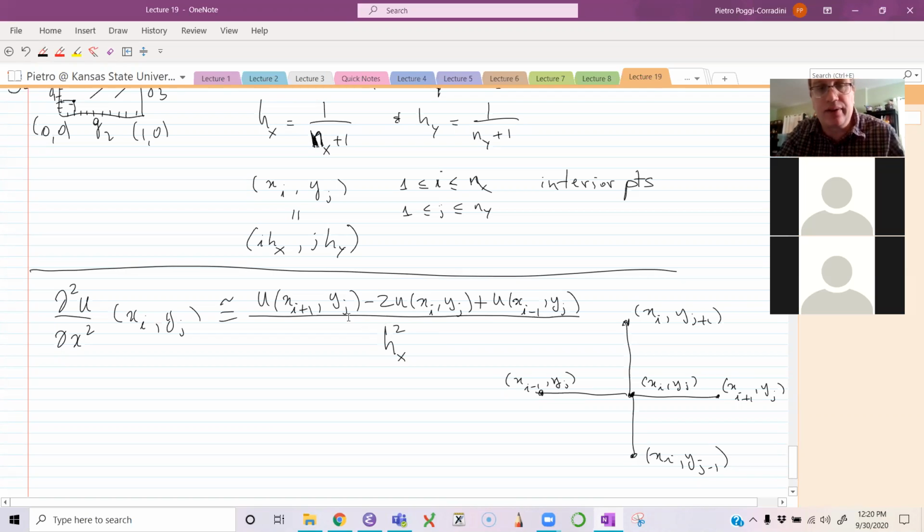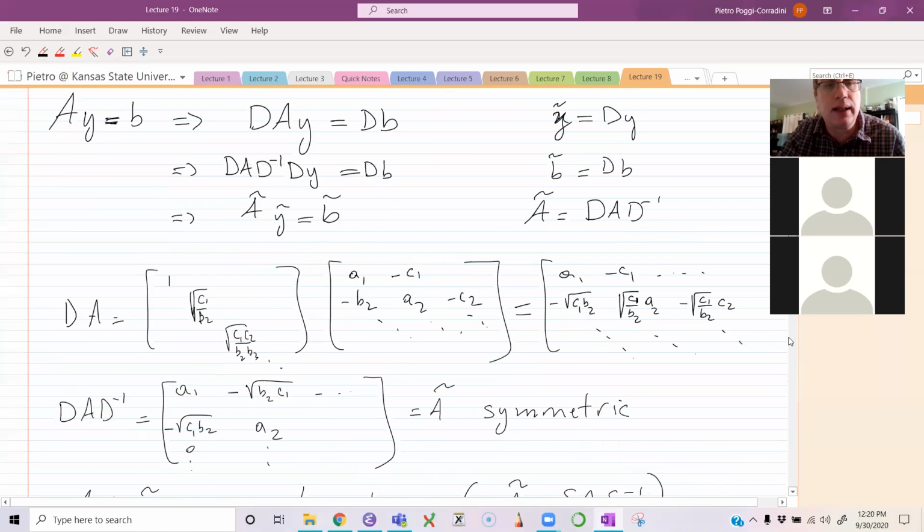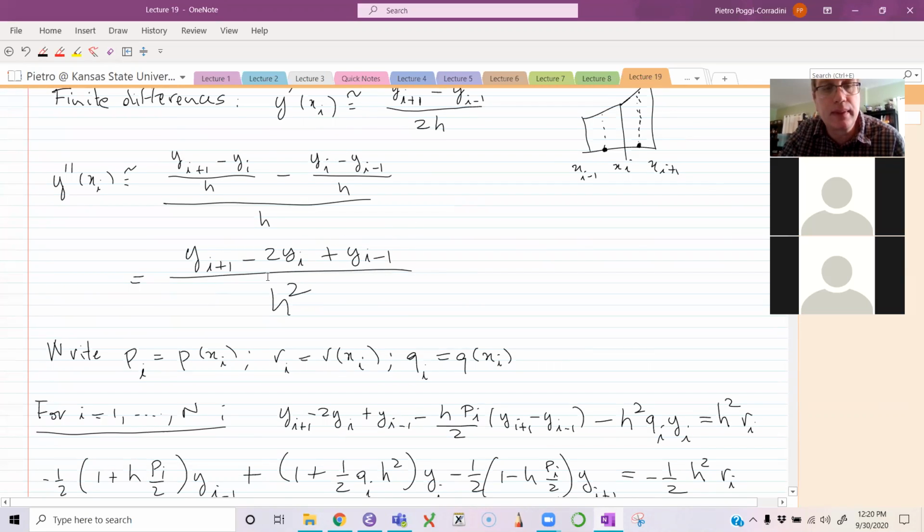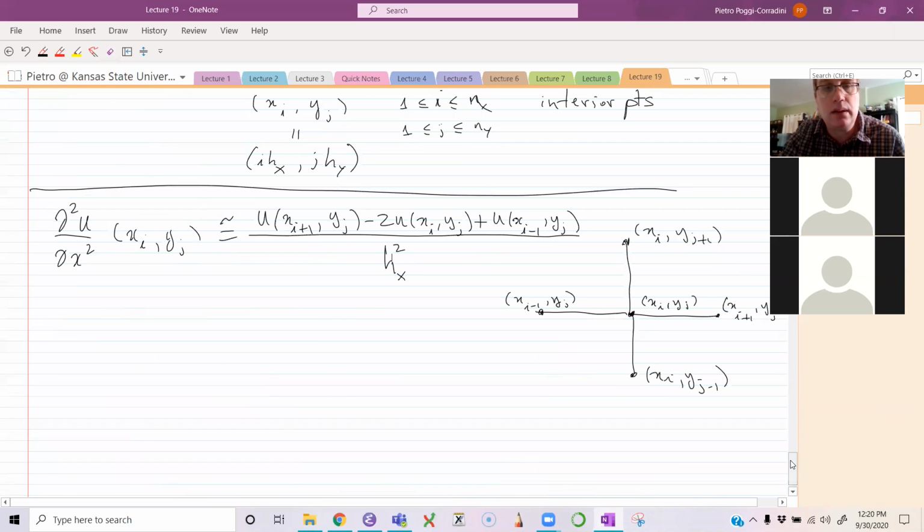Right, so I'm claiming that for the two derivatives in x, you fix the variable y, and then you just take a second derivative. So it's exactly the same formula as we had here, same formula as before. But then we're going to have to add the two derivatives in y, which is going to be the same formula, but in this direction. Anyway, let me finish this calculation next time since I ran out of time.